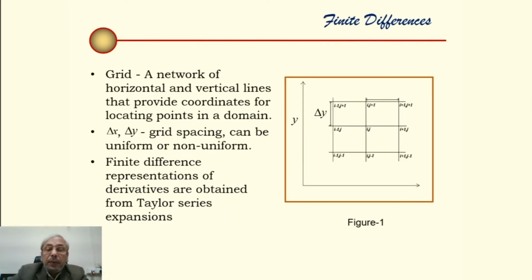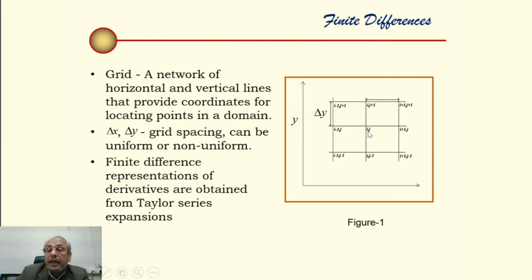Now we will define a domain and the grid spacing in a very simple way, and we have drawn a network of horizontal and vertical lines and provided coordinates for locating the points in the domain.